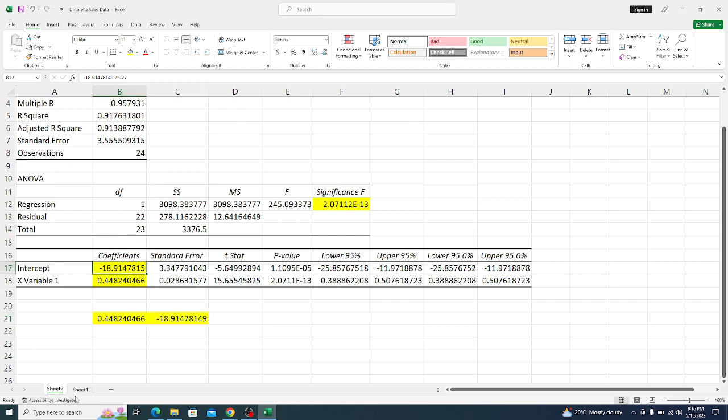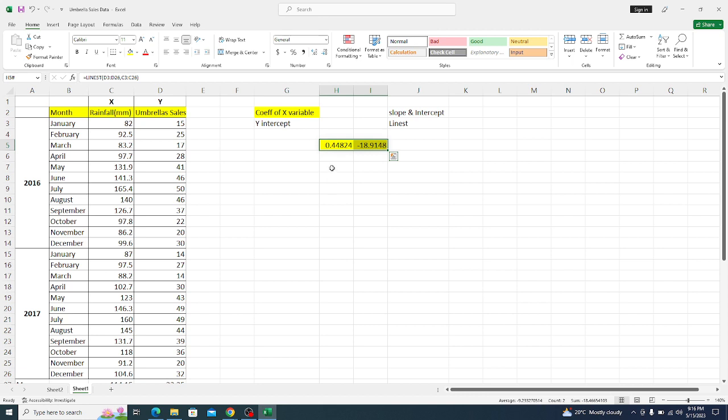So we've gotten the same output. So LINEST is a very basic formula for you to get the constants in a very easy and fast way.